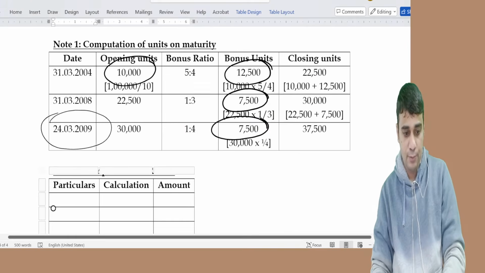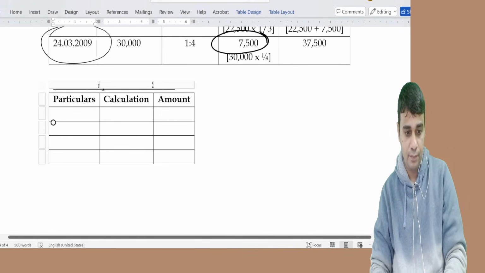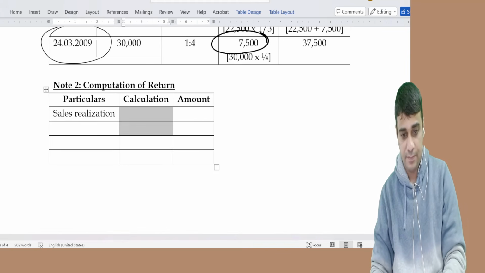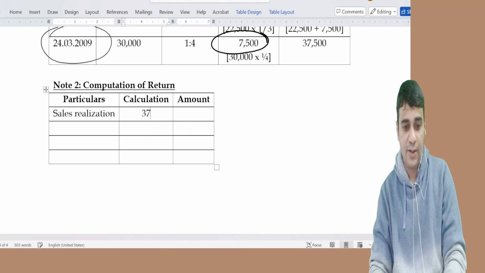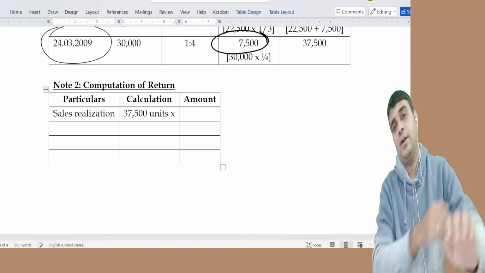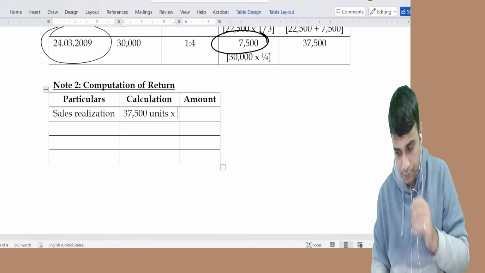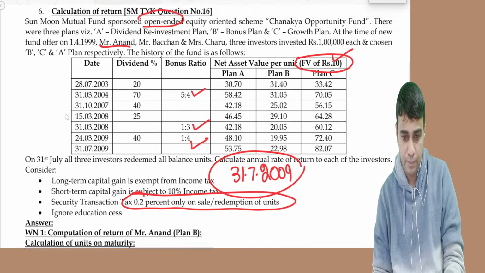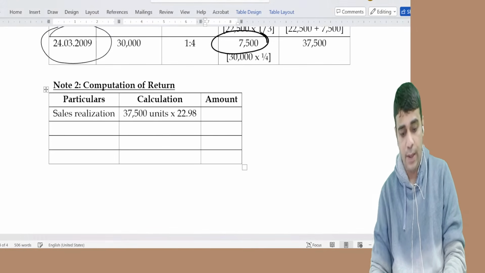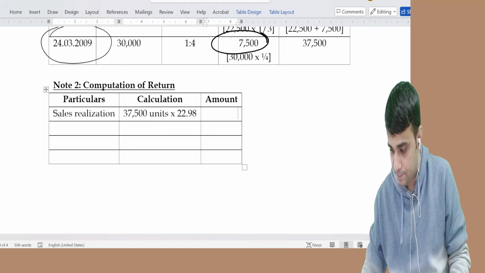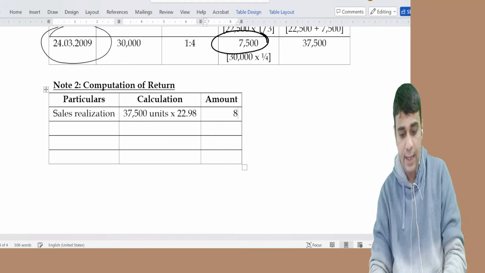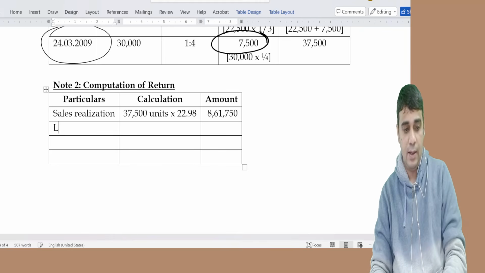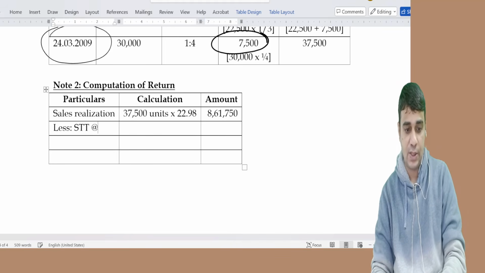Right, sale value, sales realization: 37,500 units into the NAV of this plan, bonus plan, plan B, 22.98, which gives 8,61,750, less securities transaction tax at 0.2%.